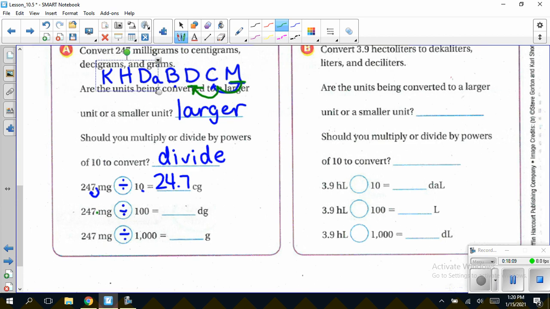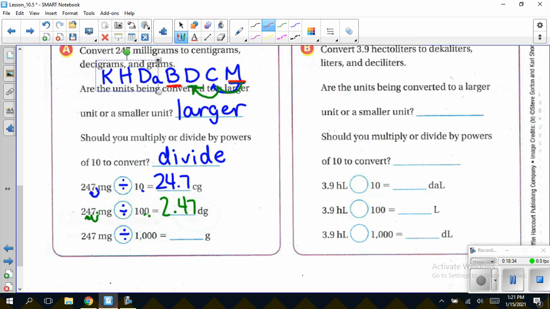So that's why it is 2 zeros for 100. So swooping 2 place values to the left for my 247 now gives me 2.47, or 47 hundredths.